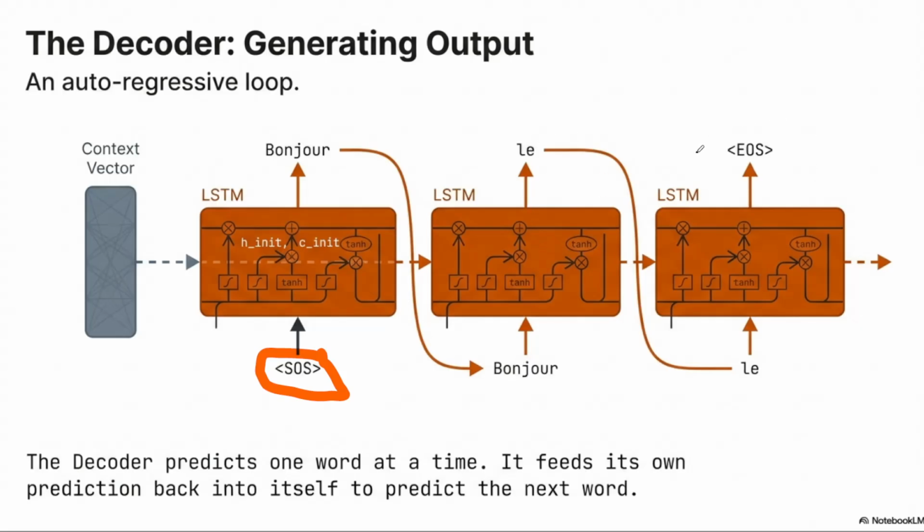How does it know that this is the last token? It should spit out end of sentence. So we start by feeding it the start of sentence token, and it will keep rolling or thinking until it spits out end of sentence.